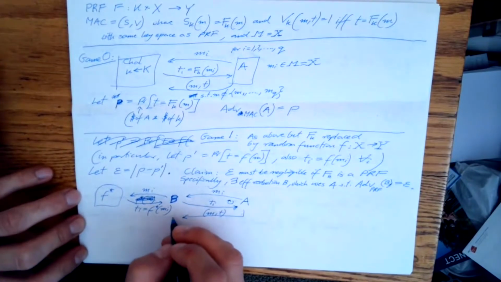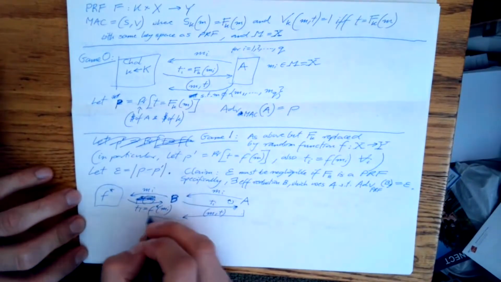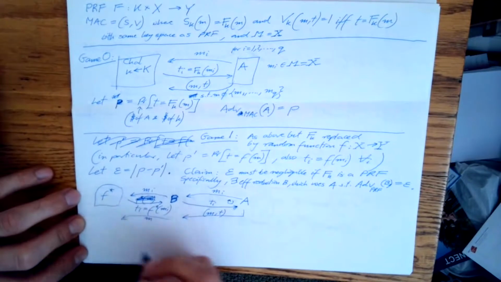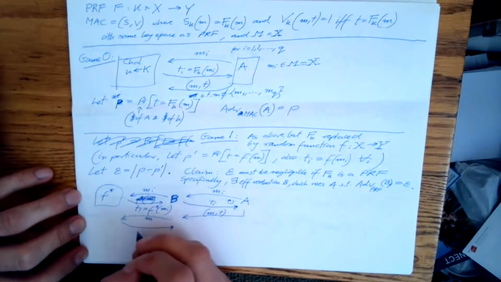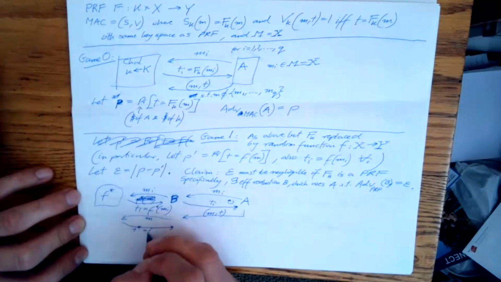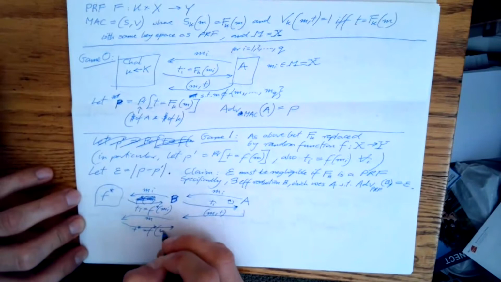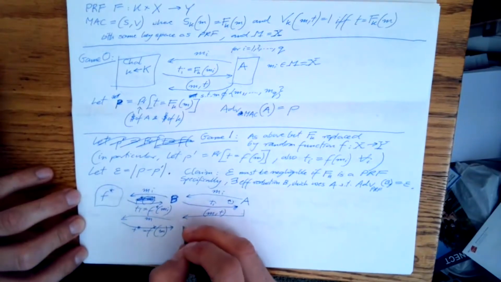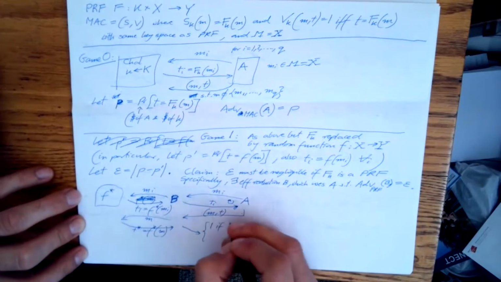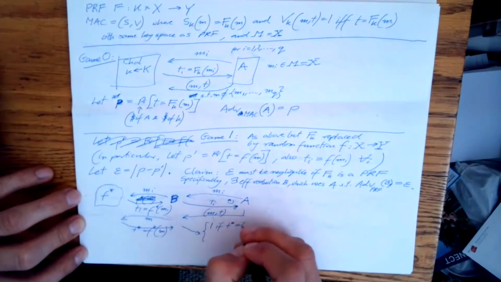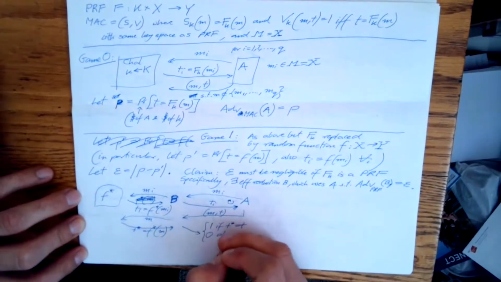B at this point sends m to this box and gets back t star, which is f star applied to m. The reduction outputs 1 if t star is t, 0 otherwise.